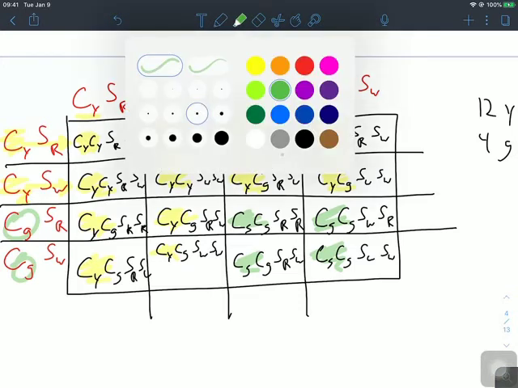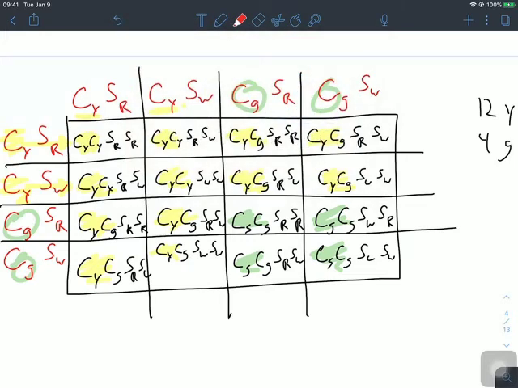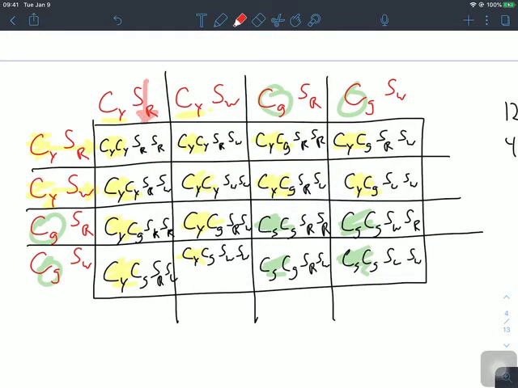Now for our round and wrinkled, I'll draw our shapes. Again, we know that round is dominant, so we've got our round, round, round, round, round, round. Here's our round here, here's our round here, so let's go ahead and fill in each of these rows and each of these columns.